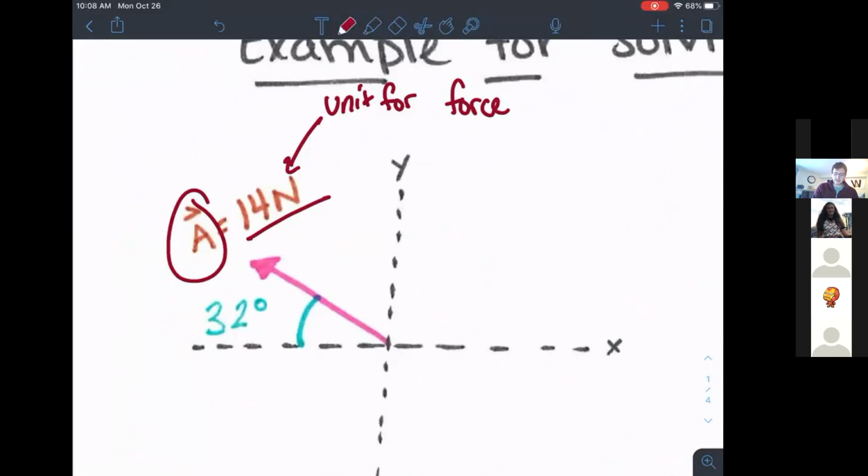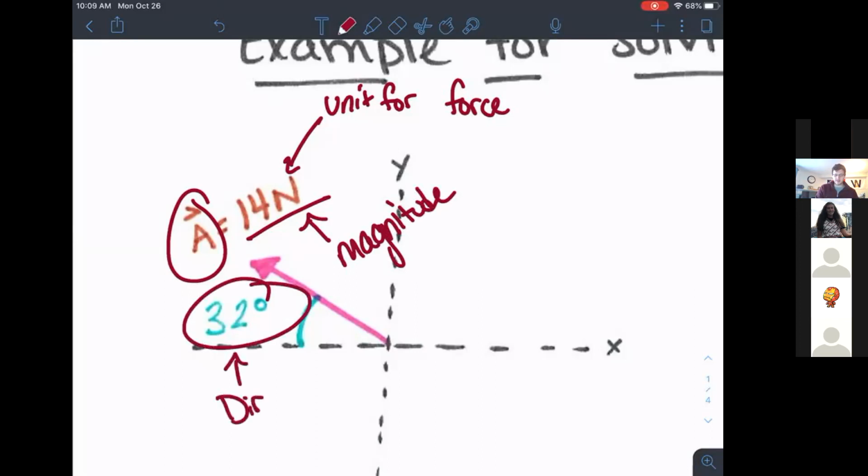This is our magnitude, or our value, how large our force is. And then we're given a direction, which way we're going. So vectors mean magnitude and direction are given, which is why we have an angle and a value for that arrow, or an amount of force.